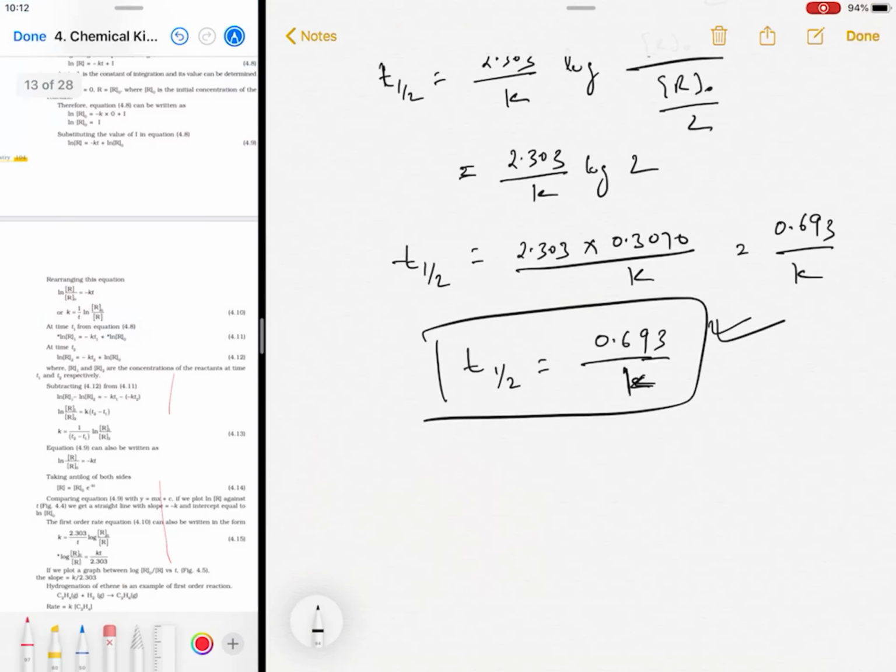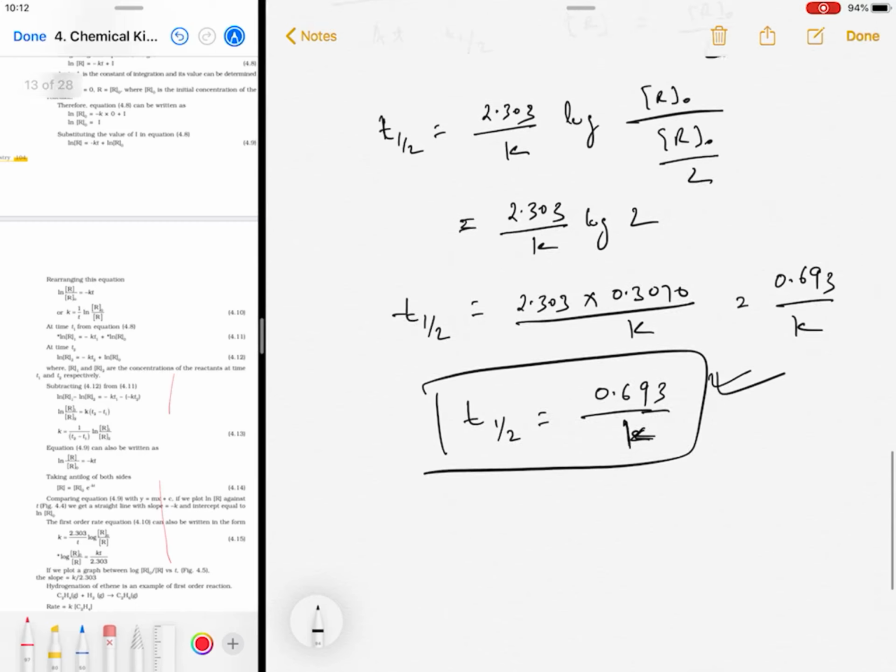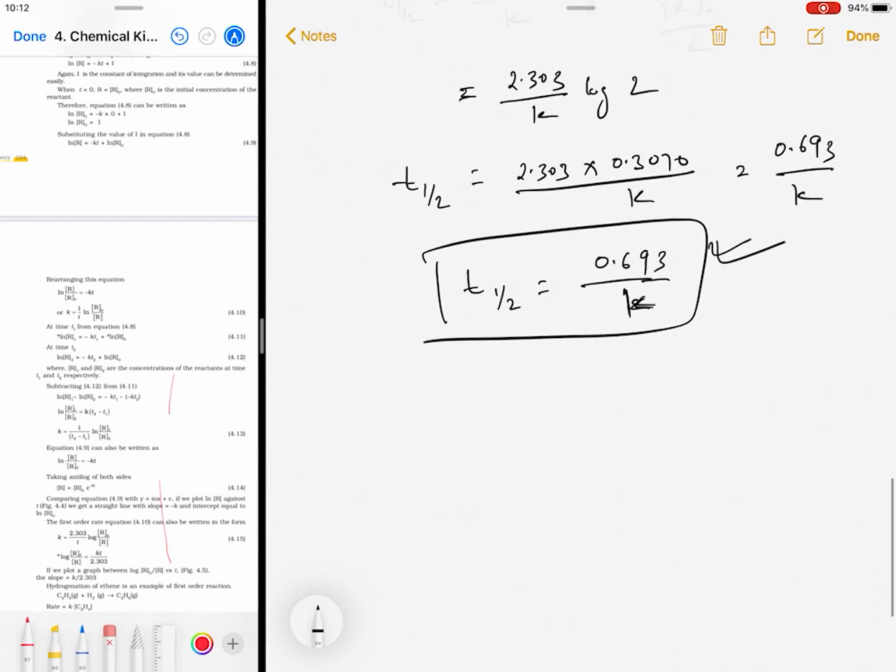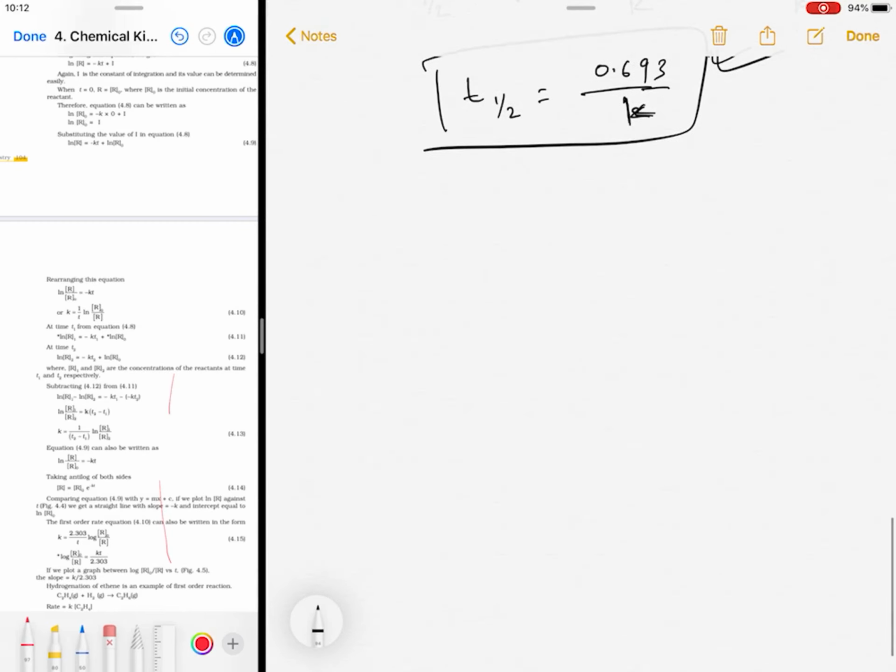So for the reactions which are taking place in solution form, it is very simple. If the reaction is in gaseous phase, suppose we have a reaction A in gaseous phase, it is converted into B gas and C gas. This is a general equation.